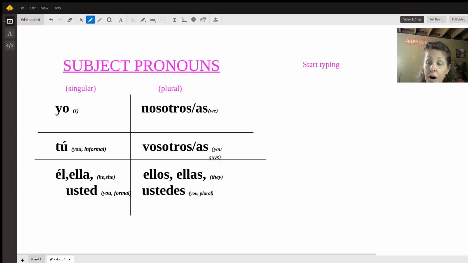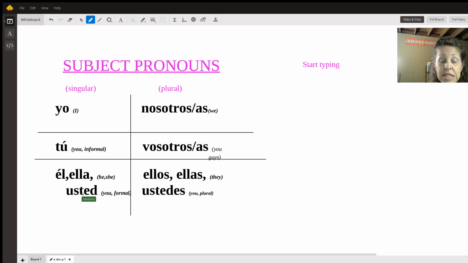Now that is part of third person, but it's usually separated on this chart just so that students can learn to keep tú and usted separate. Now here's the rest of third person, which means people outside of myself.